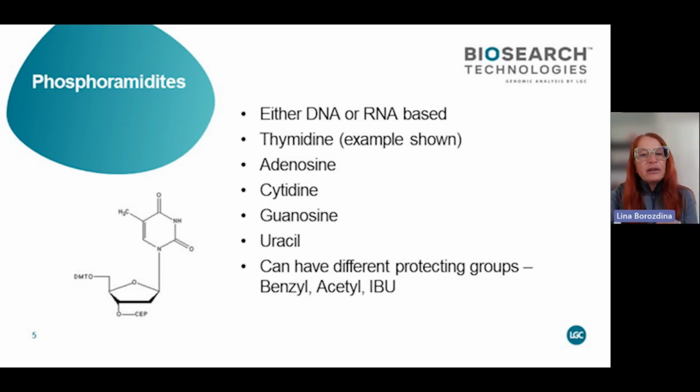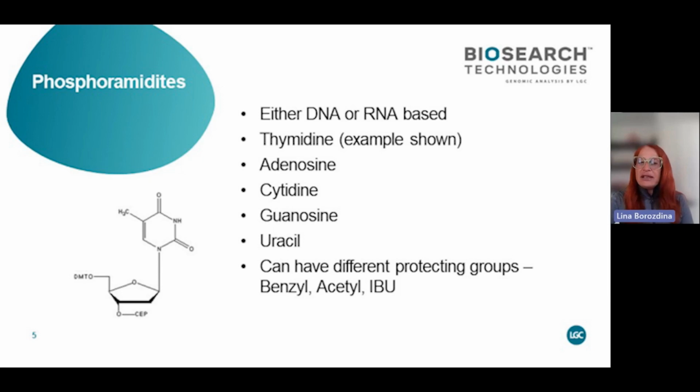There are different modifiers as well, like locked nucleic acid or unlocked nucleic acids. So the basic 5 amidites are thymidine, adenosine, cytidine, guanosine, and uracil. Uracil is the RNA, thymidine is the DNA.